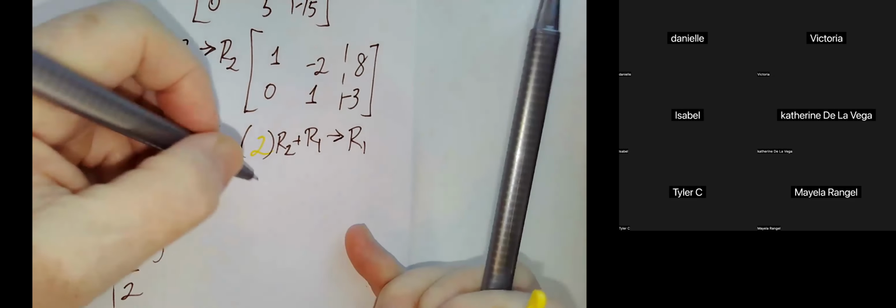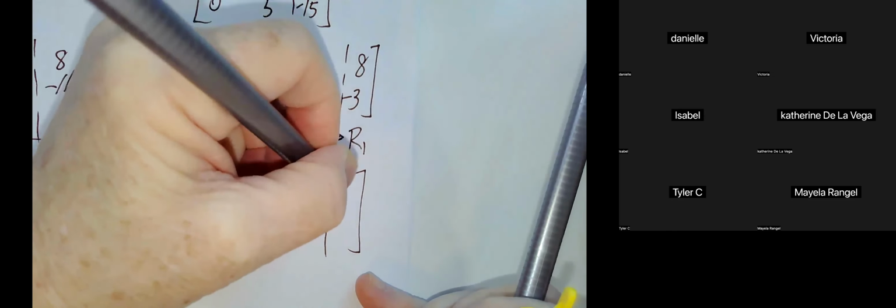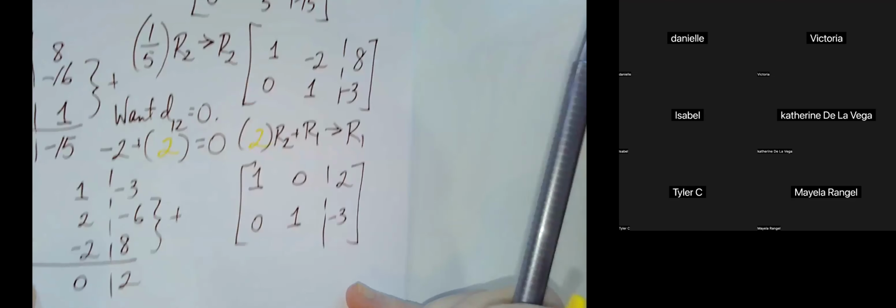Awesome. So our final matrix, where 1 is 1, 2, 0, -3.